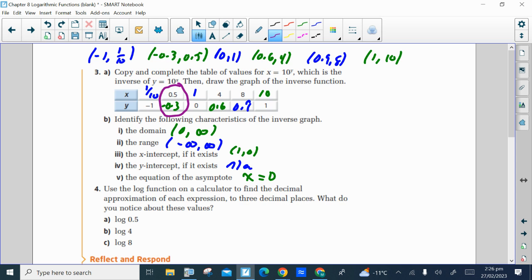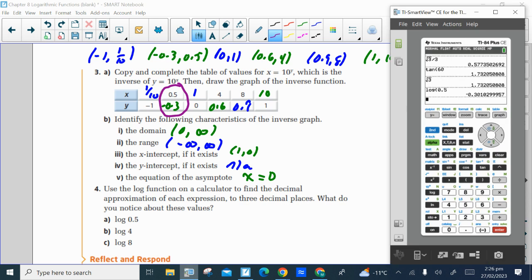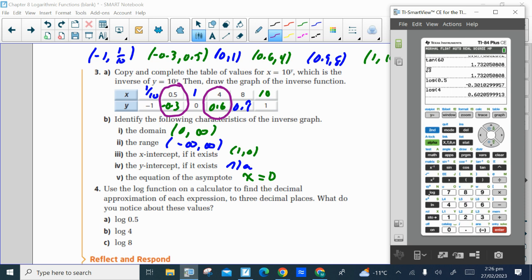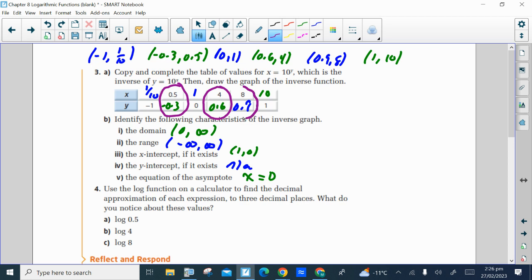When x is 0.5 and you take the log of it, you get negative 0.3. The next one is the log of 4. If you take the log of 4, you get 0.6, which is this point right there. And the last one is the log of 8, which you should guess is going to be 0.9, and it is, because that's that point right there.